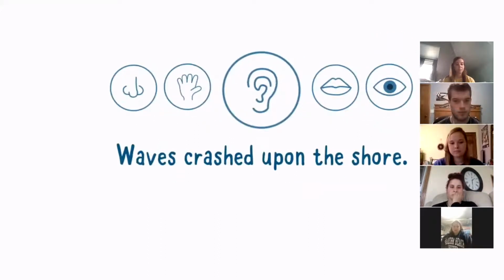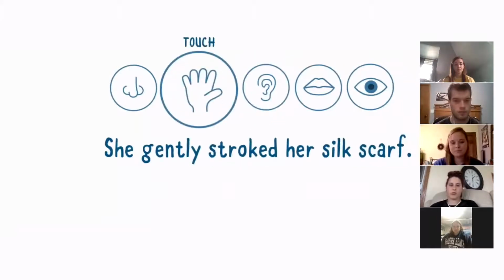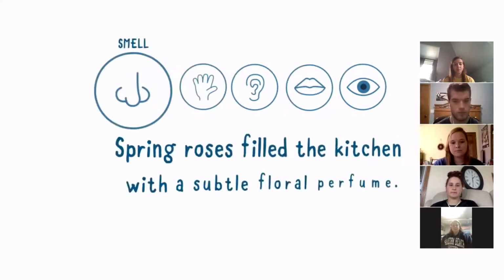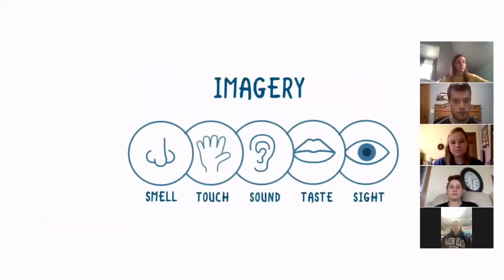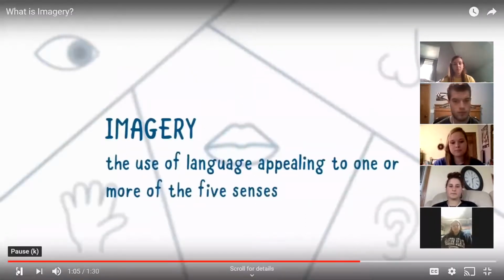Can you hear it? This is because its writer uses words that suggest sounds. Writers also can suggest the sense of touch. Finally, writers can appeal to the sense of smell. All of these examples use imagery. Imagery appears.